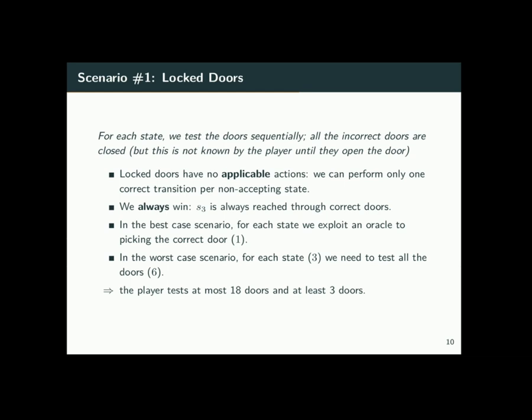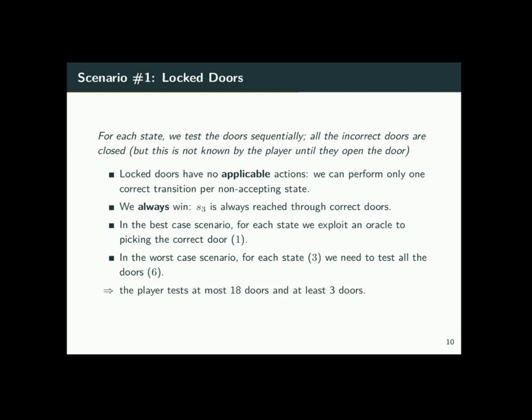So the consequence is that you are limiting the set of actions to be very narrow, and you're guiding the player very much on what they need to do. So in the best case scenario analysis, I'm always taking the door which is the correct one, so I'm always traversing the green edges.